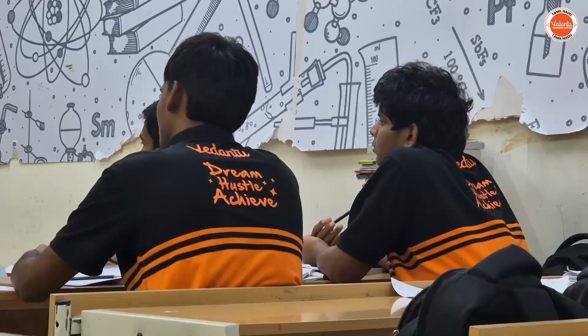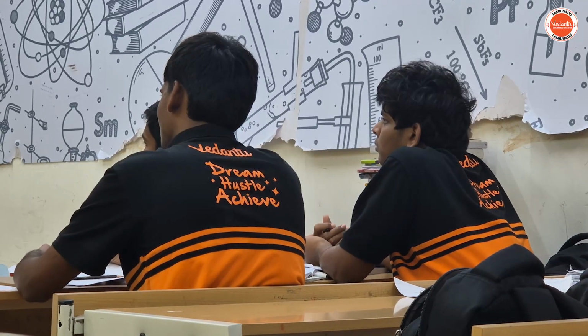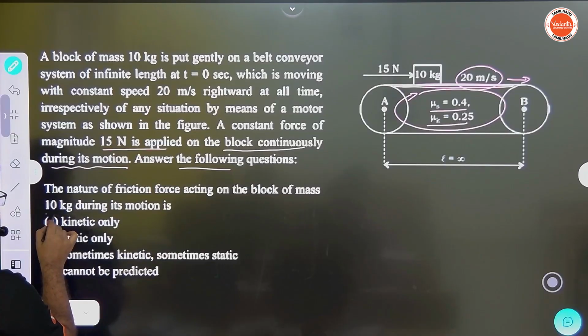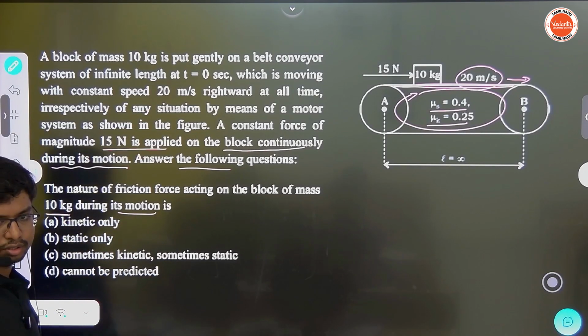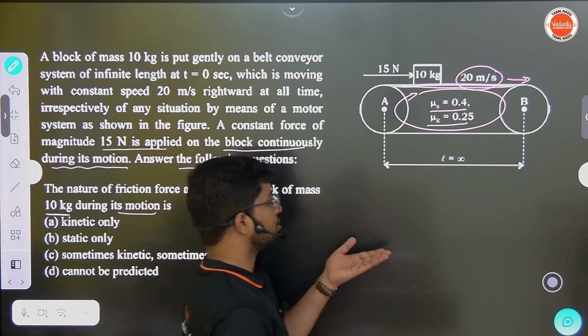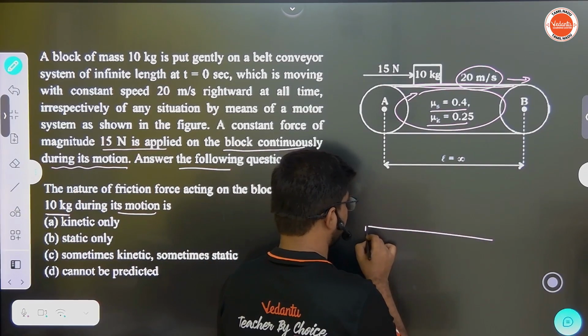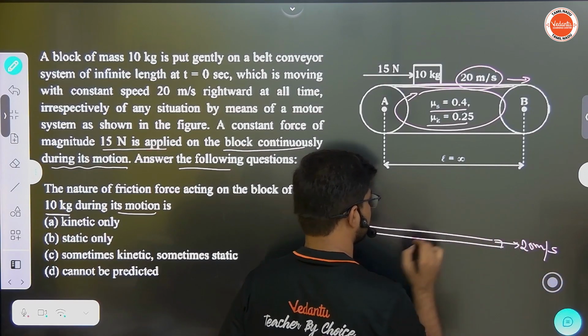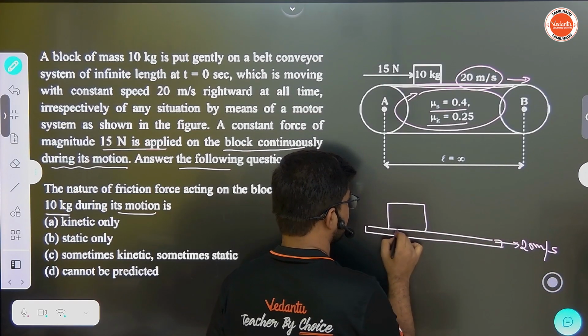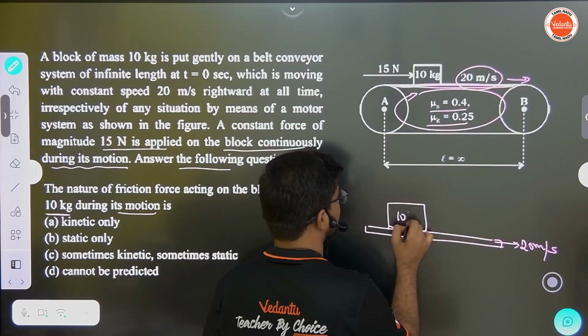Now, the nature of the frictional force acting on the block of mass 10 kg during its motion is. Now you see here, you have some kind of a platform or belt which is moving with 20 meters per second. Now, this is your 10 kg.